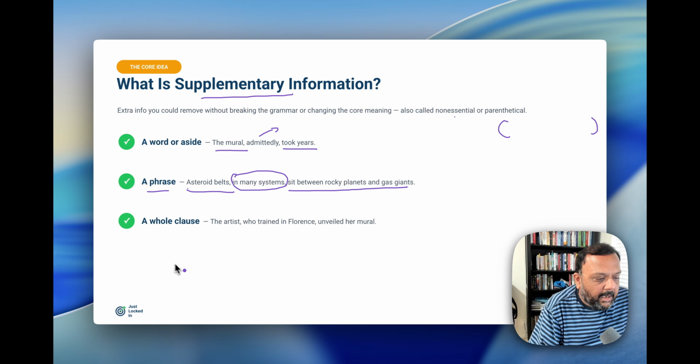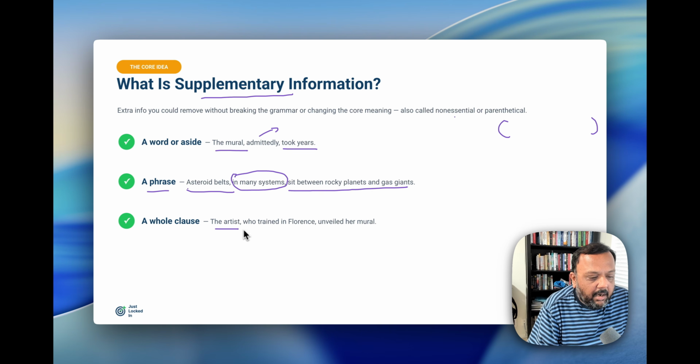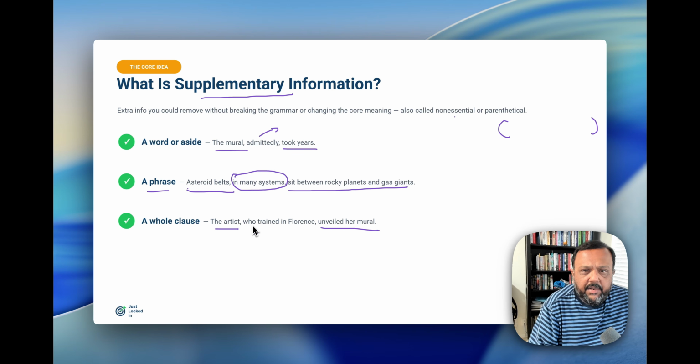Here, the whole clause: the artist who trained in Florence unveiled her mural. So the artist unveiled her mural. That's the core idea of the sentence. And the fact that she trained in Florence is really additional information.